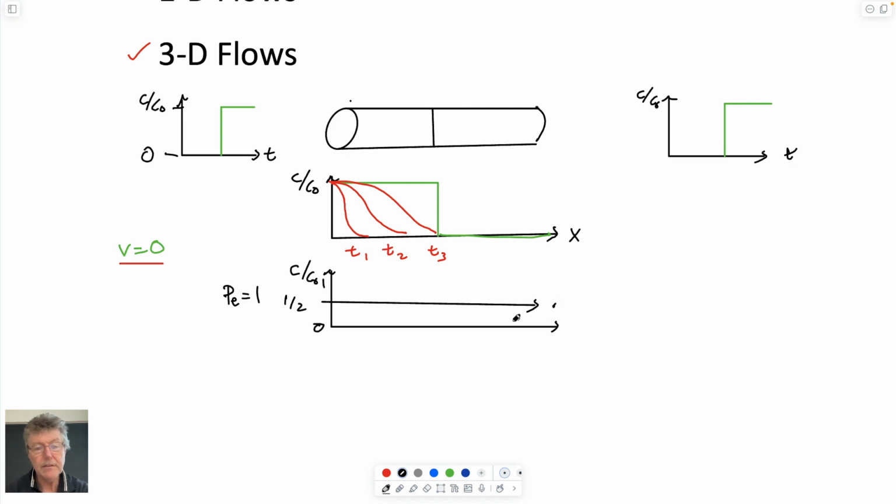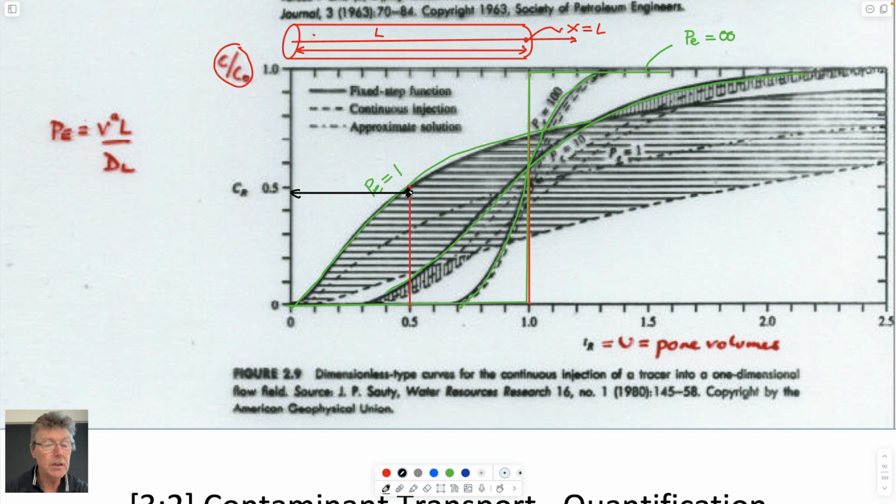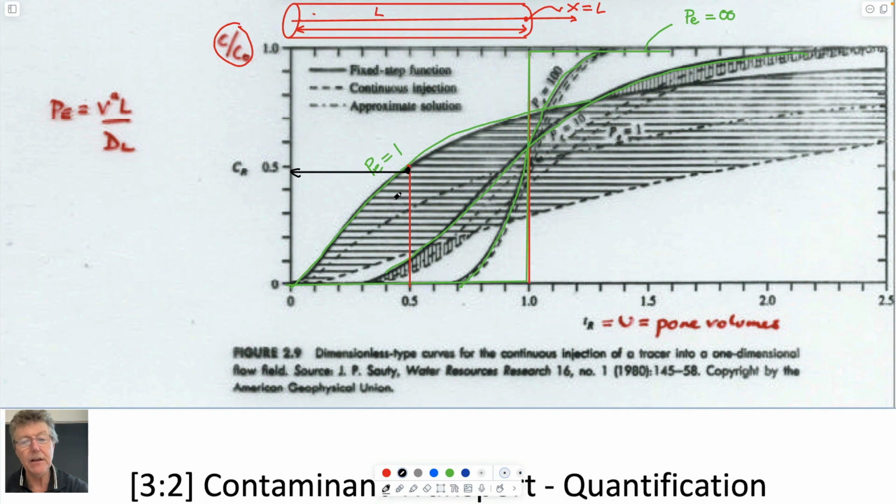And so that means that the plume, I suppose, would look something like this if we drew it beyond there. And I guess the question is, why is the material reaching the end of the core if only half a pore volume has only gone halfway down the core?